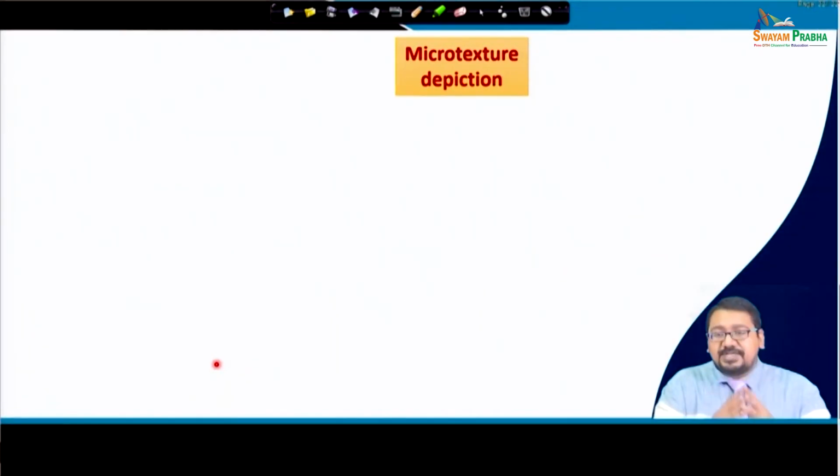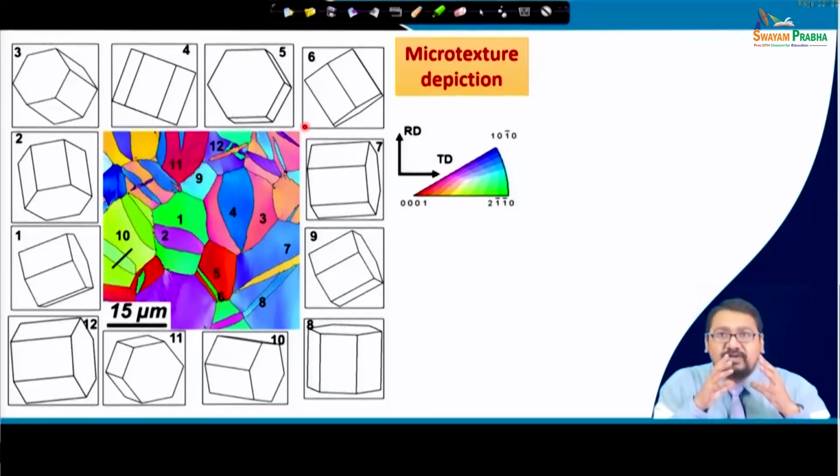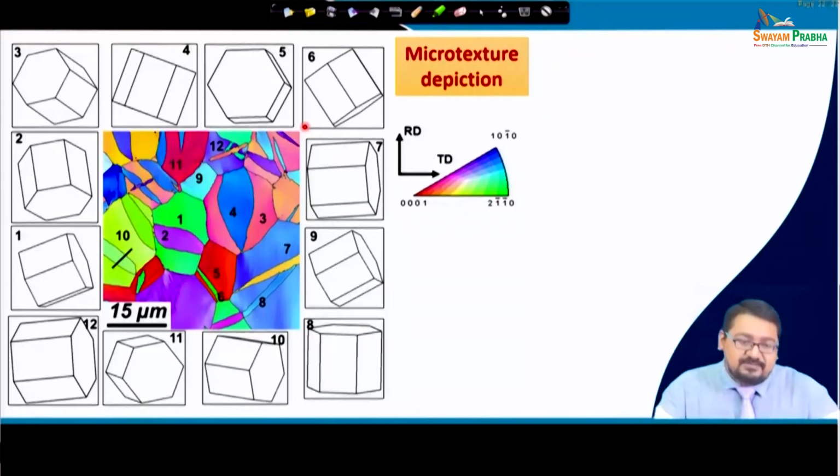So, microtexture depiction. Now, you see the same inverse pole figure map, that is the quantified orientation map microstructure, obtained from an EBSD method using a field emission gun scanning electron microscope, is shown here, and this is the microstructure of pure titanium.